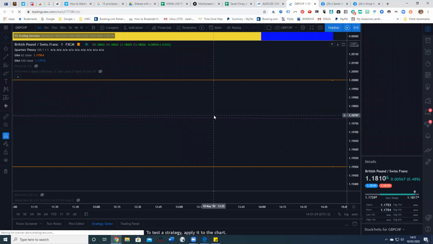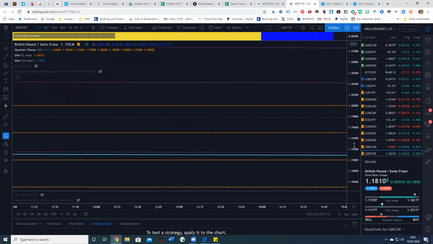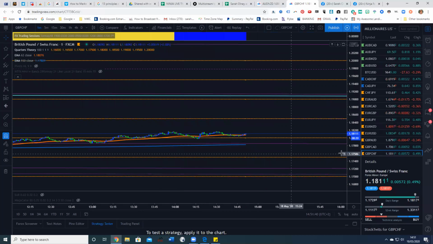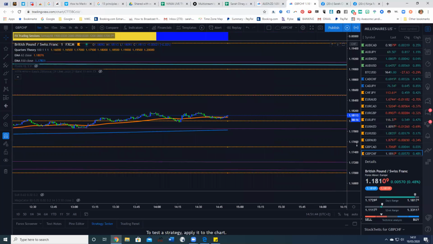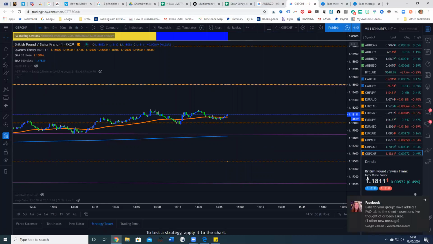GBPCHF, Great British Pound, Swiss franc. Where are you? Oh, right down there. This is a slow pair anyway. I haven't got anything on that. It only moves at a speed of about 2 out of 10.